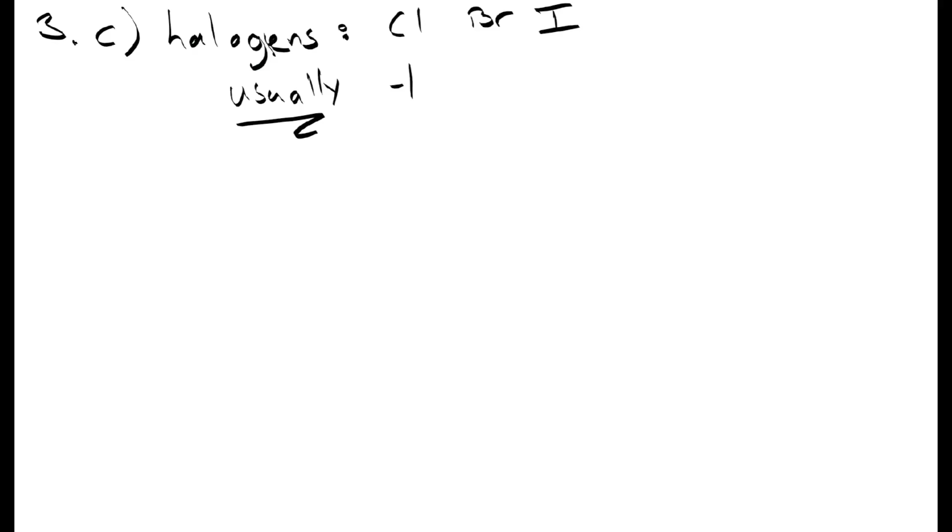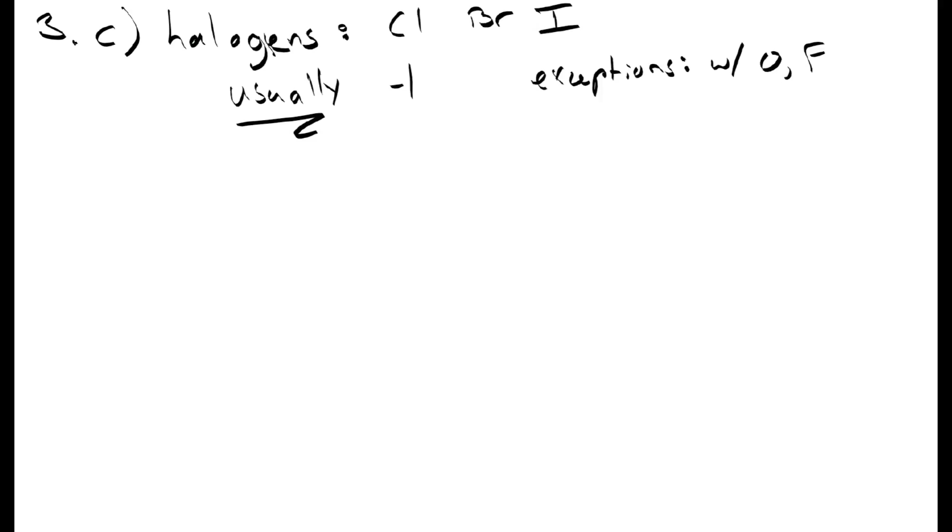Okay, just like the ions that they would prefer to form. They are very electronegative. They often get their way. The exceptions are when they are paired with oxygen or fluorine. Oxygen and fluorine are very, very electronegative, so they will force the halogens to take other charges, positive charges.